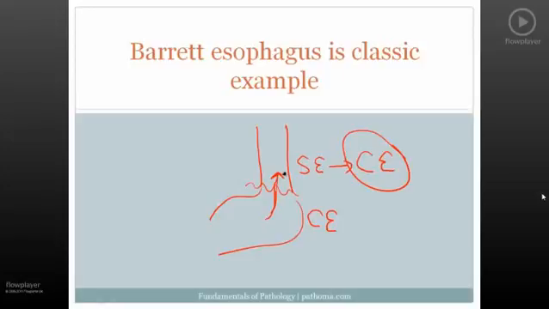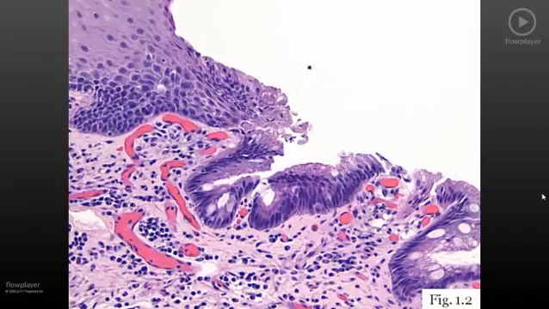And this change to columnar epithelium, this metaplasia, this is called Barrett's esophagus, and it's a classic example of metaplasia.